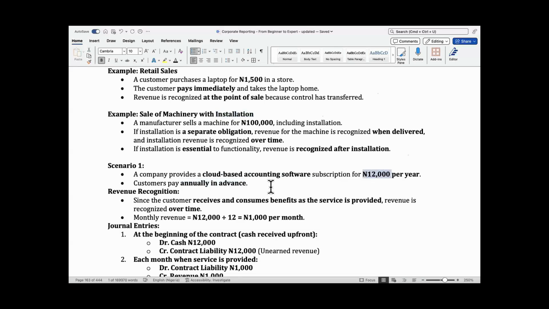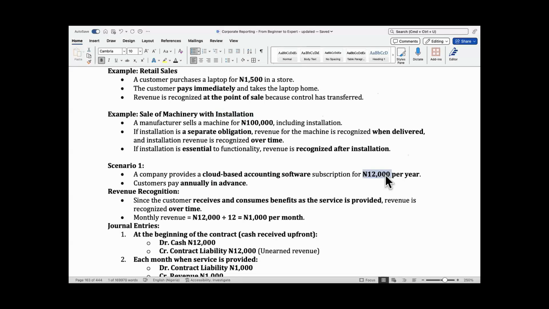That would be very wrong, because the customer pays annually in advance. At the beginning of the year, you pay your 12,000. It's just like all these internet services. Some people pay annually. Those internet companies, if they have good accountants, must not recognize all the money they receive as revenue immediately. That would be very wrong.